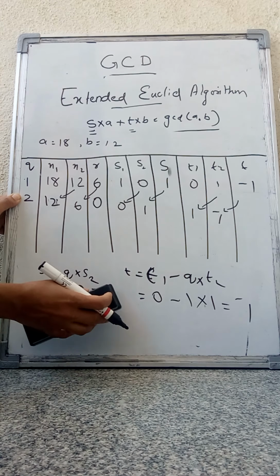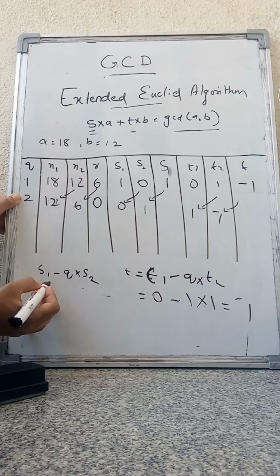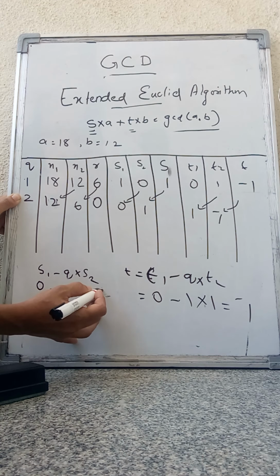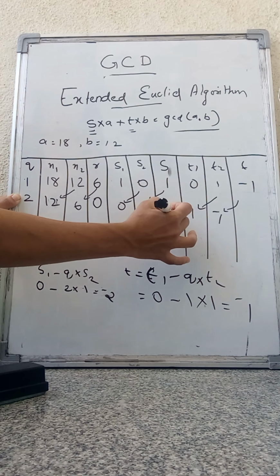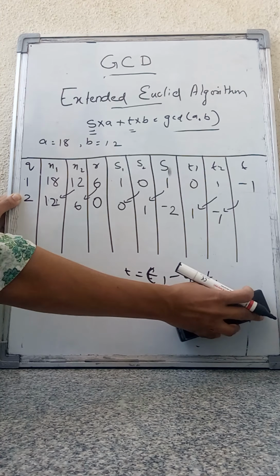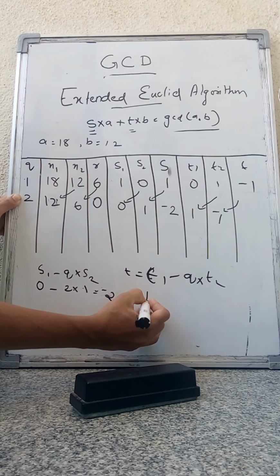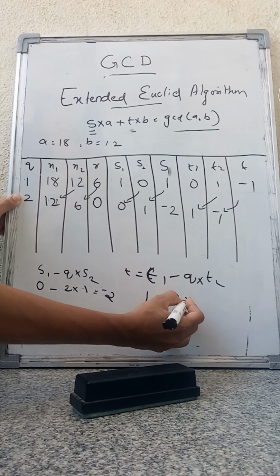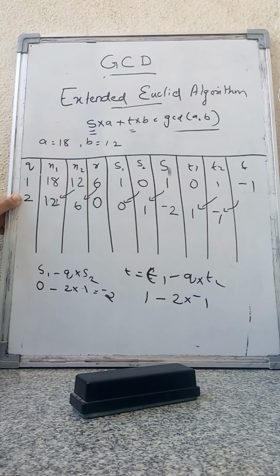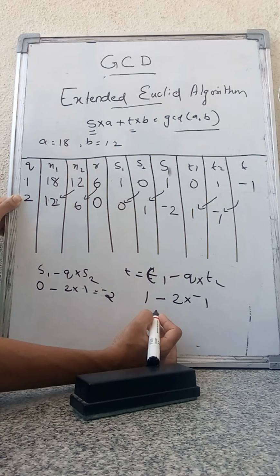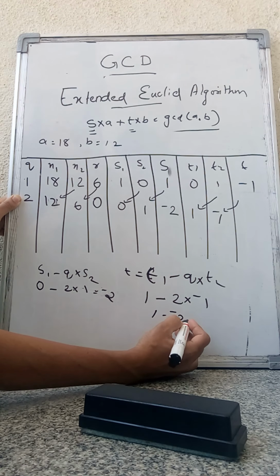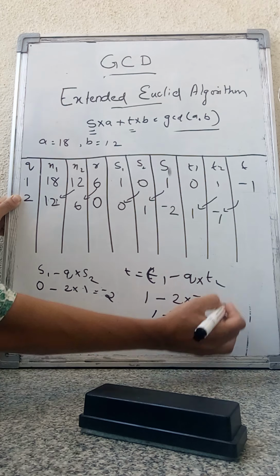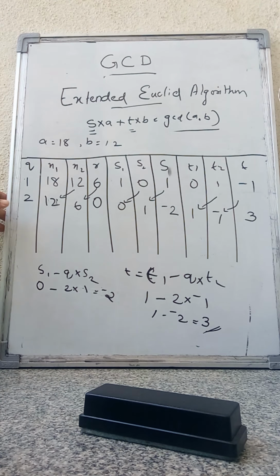So s is equal to s1 minus q into s2, which is equal to minus 2, and t is equal to t1 minus q into t2, so this is equal to 1 minus minus 2, which is equal to 3. So this is t.